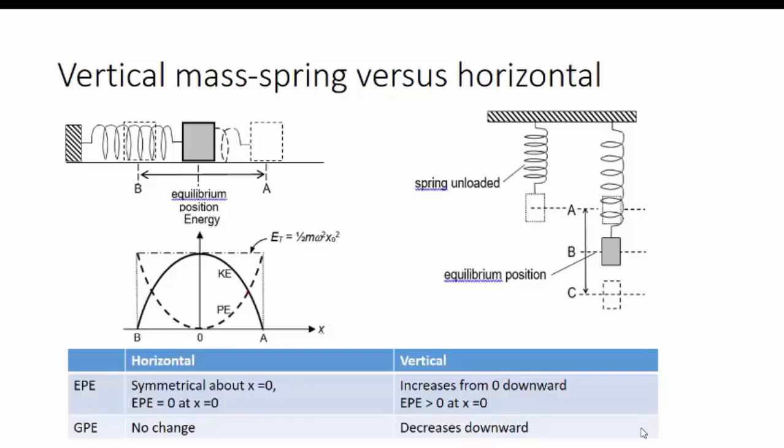Whereas for horizontal oscillation, the potential energy decreases to the middle and then increases back to B. In the vertical oscillation, from the highest point to the lowest point, the elastic potential energy increases all the way.